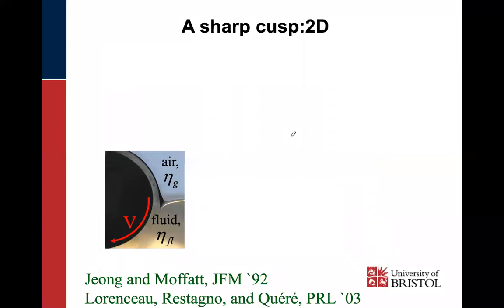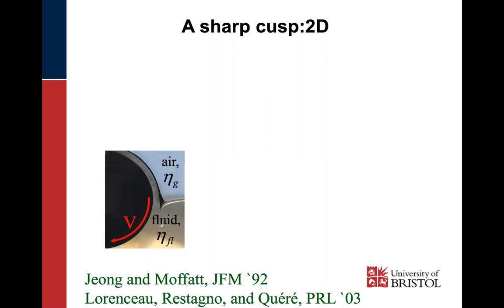I've stressed that the structures I'm looking at here are 3D axisymmetric structures. So it's important to differentiate the singular structure I'm investigating from another nearly 2D structure described originally in a brilliant paper by Jeong and Moffatt. And these are two-dimensional cusps. So here is an experimental example.